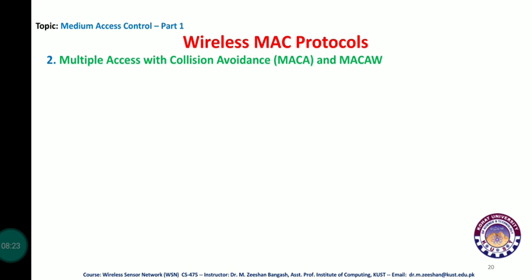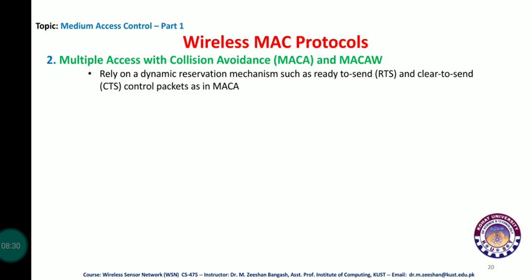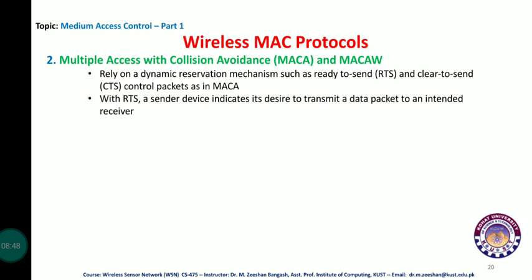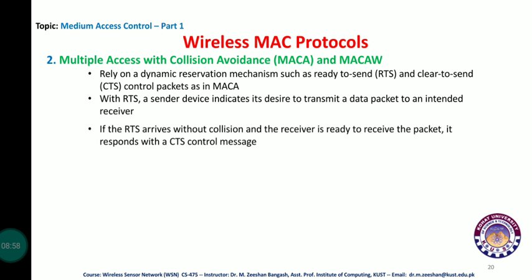Now, multiple access with collision avoidance, MACA and MACAW, again rely on dynamic reservation, using packets like RTS and CTS, which are the ready to send and clear to send packets. With the ready to send, the sender device shows its desire to transmit data to the intended receiver.